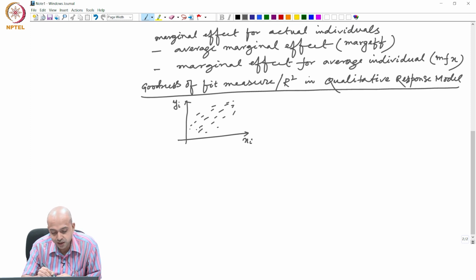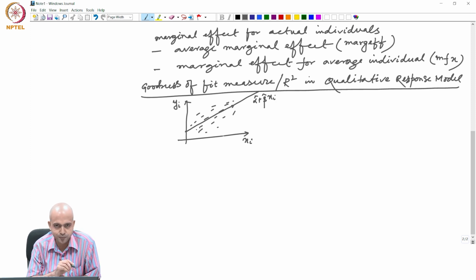And what is the regression line first of all? The regression line, alpha hat plus beta hat xi, is basically a representation of your data. That means this is some kind of average line which represents these data points. And what is your R square? For any given value of xi, what is your predicted value, what is your observed value.